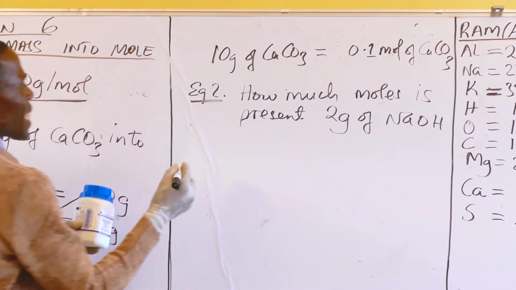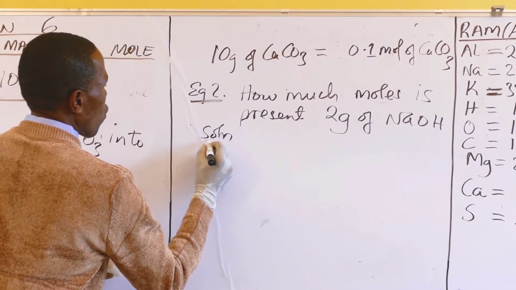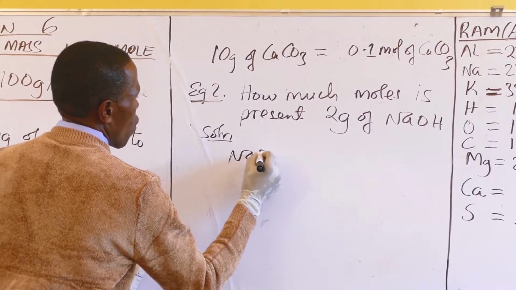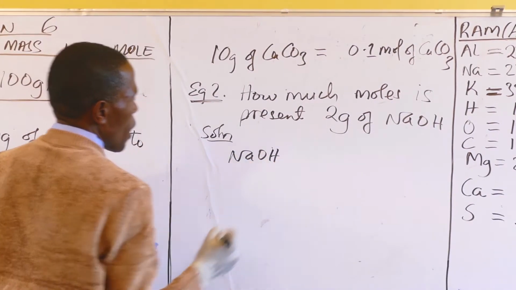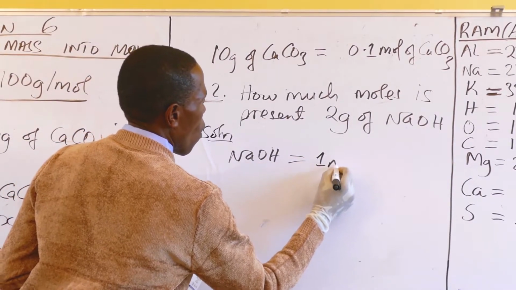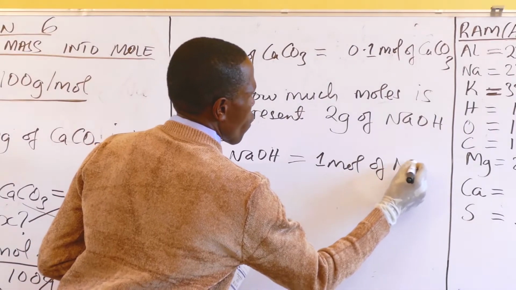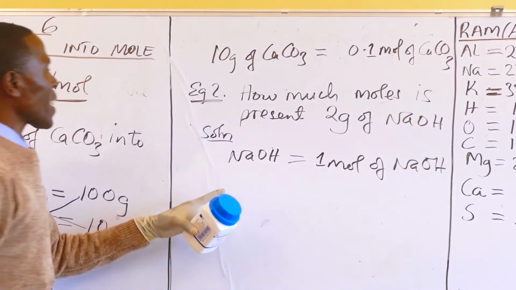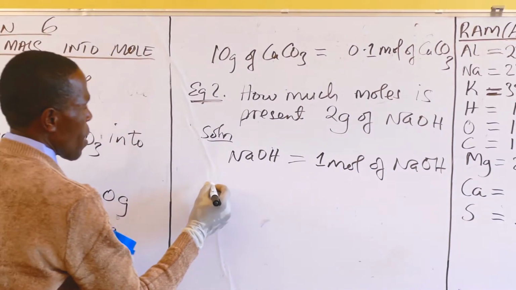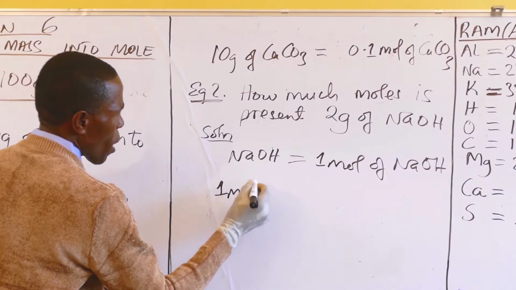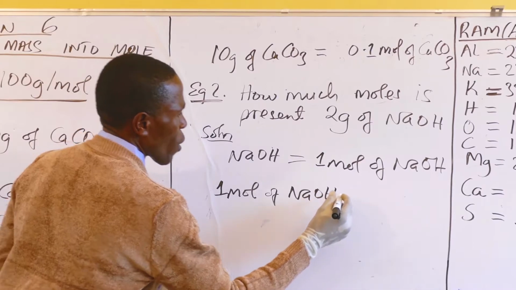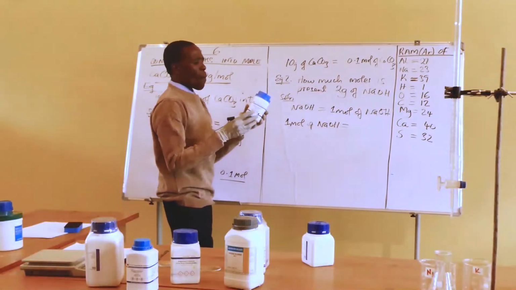The basic formula of sodium hydroxide is equal to 1 mole. So when I write this basic formula, it means 1 mole of sodium hydroxide. 1 mole of sodium hydroxide has how many grams?